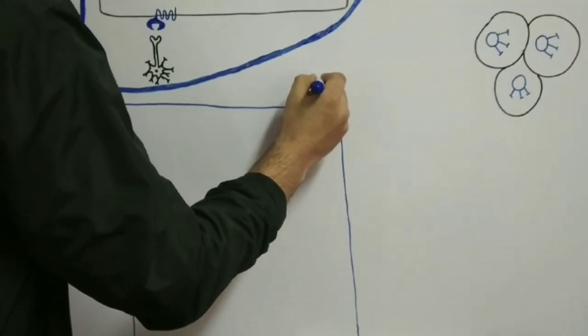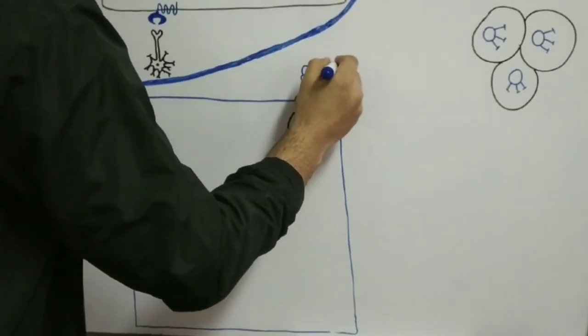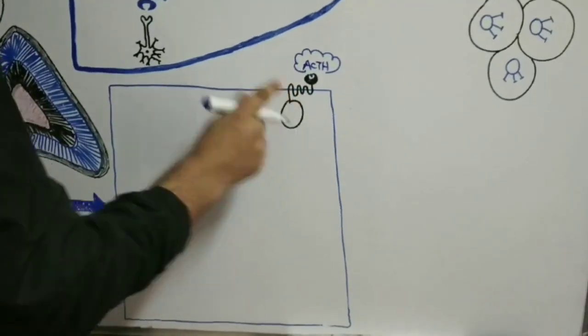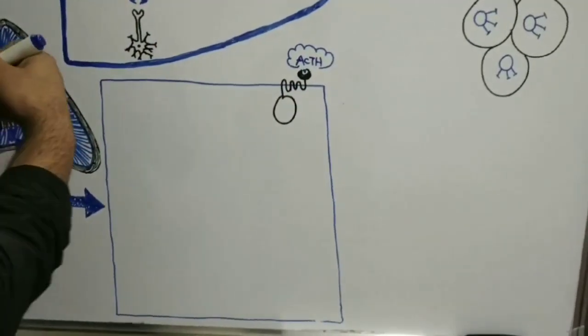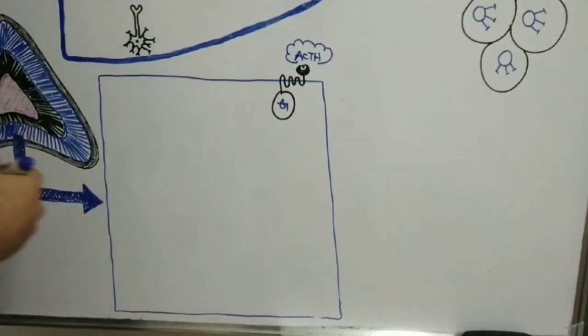This is your ACTH. When it binds to the receptor, this is a G-protein coupled receptor. It is bound to a G protein.